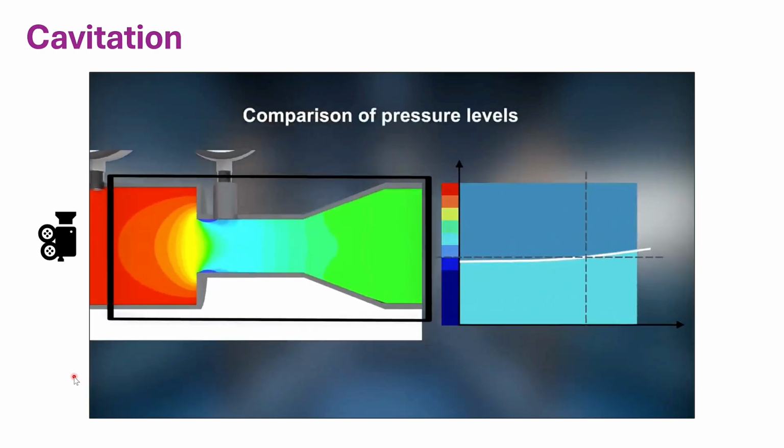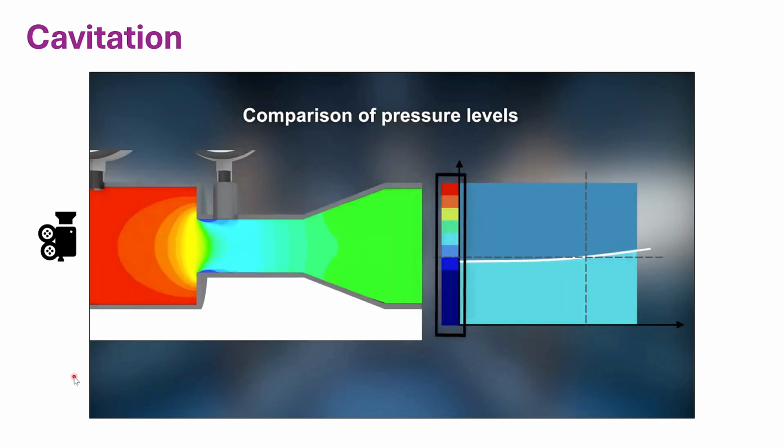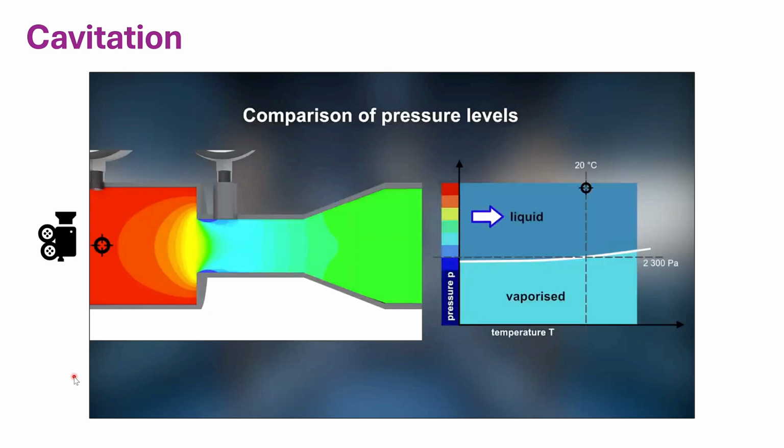The colors in the left visualization correspond to the colors indicated on the vertical axis of the phase diagram on the right. Upstream of a restriction, the static pressure is well above the vapor pressure. The static pressure in the flow decreases as the flow reaches the narrow pipe section. In our example, the pressure at the exposed edge is below the vapor pressure.